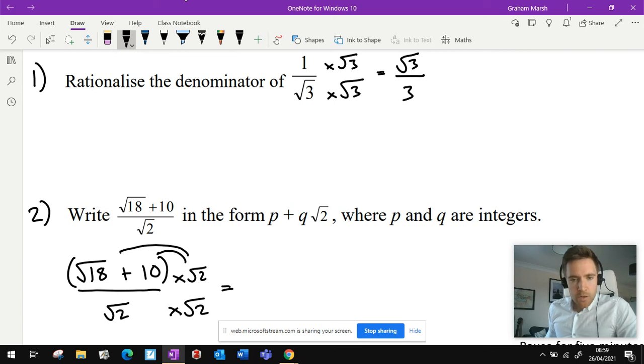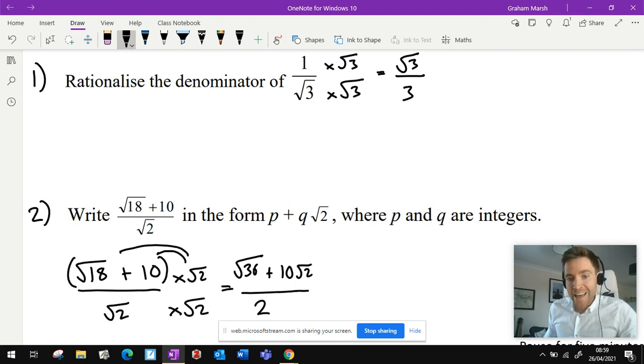On the bottom, it's going to be just 2, cancelling out the surd. Over here, we're doing root 2 times root 18. Two surds can multiply together to make, in this case, root 36. And then 10 times root 2 is just going to be 10 root 2.